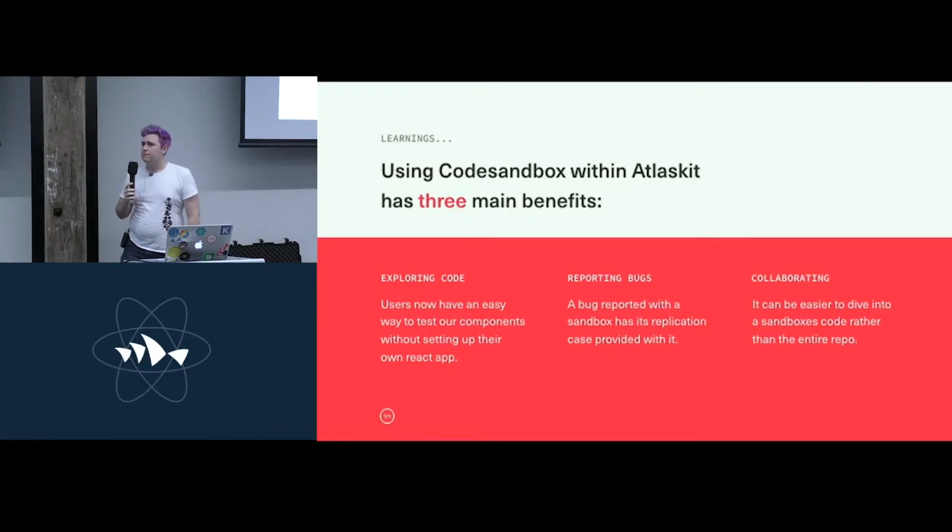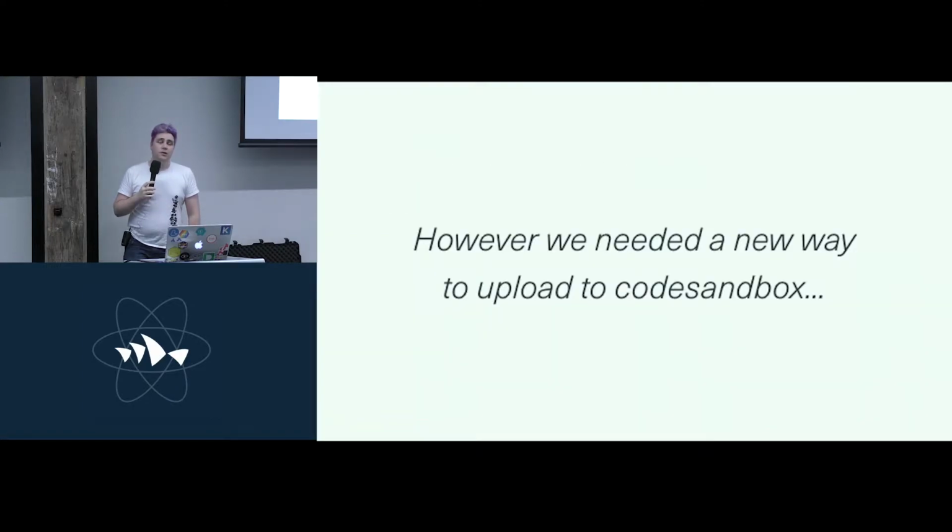However, in this whole process, we actually needed a new way to upload to Codesandbox. Codesandbox has a really great API if you happen to be wanting to load a sandbox from a GitHub repo. It's got a fantastic dev workflow if you happen to want to start a new sandbox. And it's actually got a pretty good CLI if you happen to want to go from a local GitHub repo that happens to be a Create React App and upload that to Codesandbox.